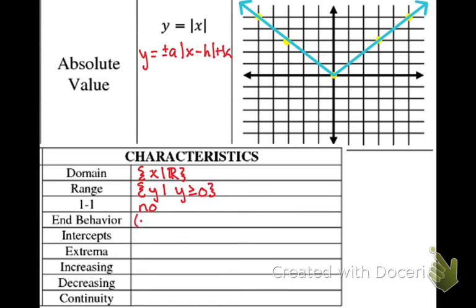Okay, end behavior. As x approaches negative infinity, y approaches what? Look at your picture. Positive infinity, because as I'm going out to negative infinity, my y's are going up.